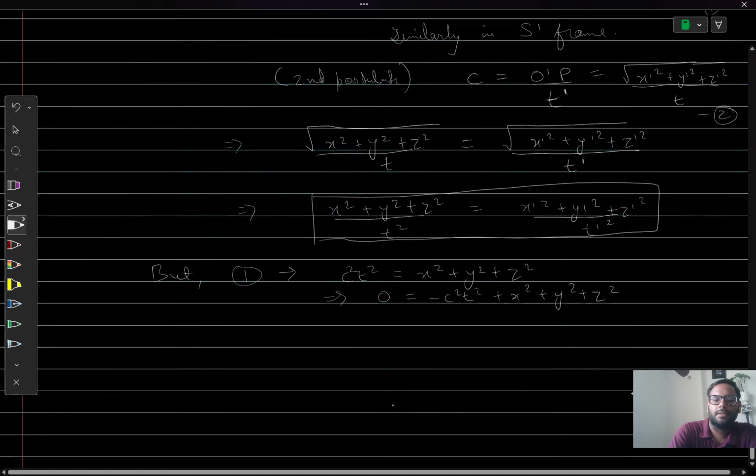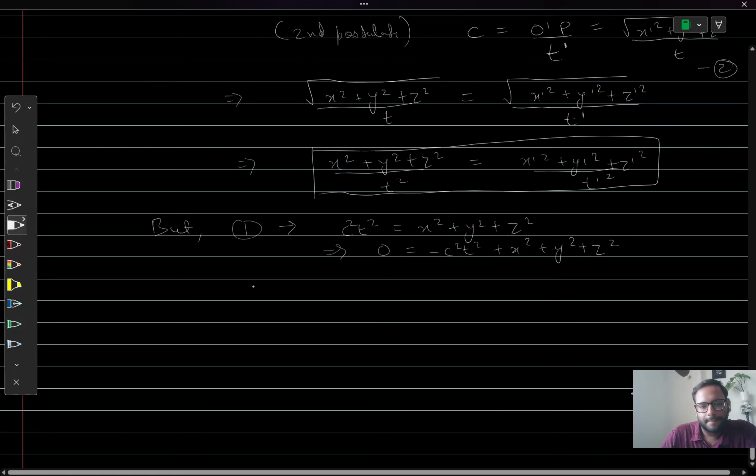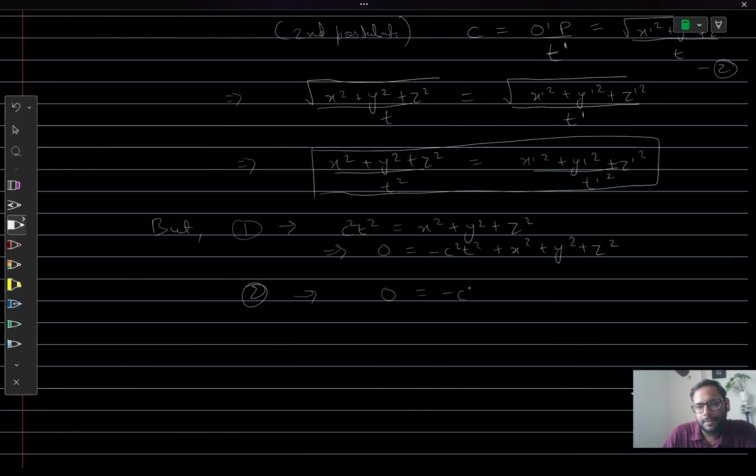It is 0 in this frame, and again by the second you will get c squared t prime squared and so on. So this will imply that in both frames these are 0, and you can say that this is also an invariant quantity: minus c squared t squared plus this.